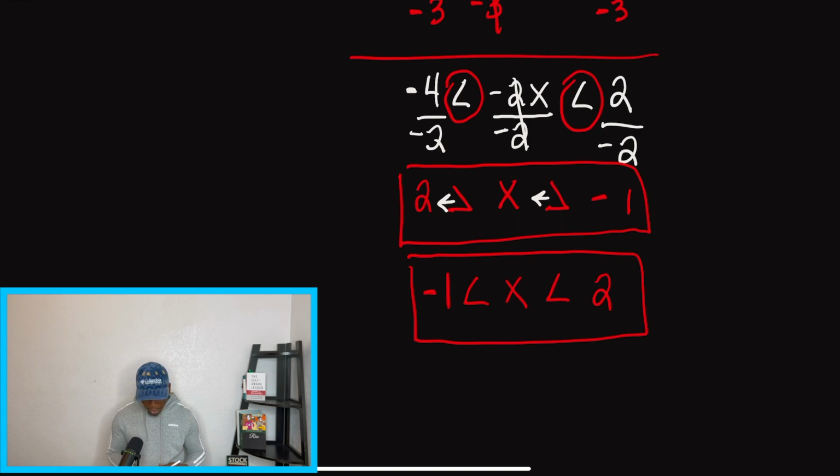So if you look, right, it says that x is greater than -1, right? So when we look at this first inequality here, that says the same thing: -1 is less than x, right? Then when we go on to the other side, we notice that it says 2 is greater than x. So when we say it in terms of x, that just means that x is less than 2.